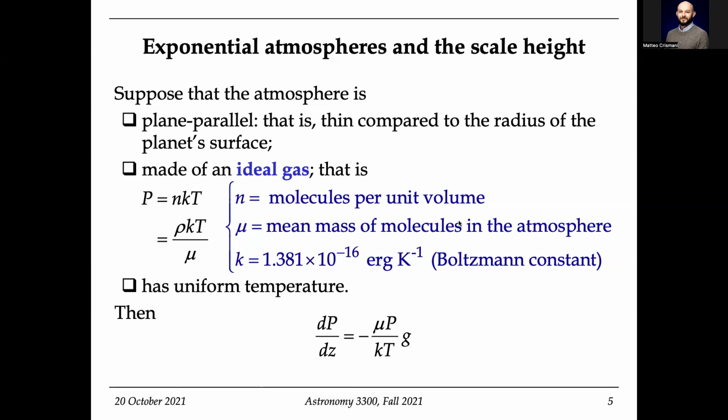How can I write density in terms of pressure? Let's write P equals rho KT. How do I write density? P over KT. Good. Now what is my hydrostatic equilibrium from that side of the board?